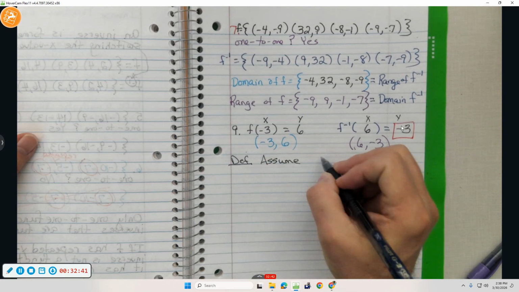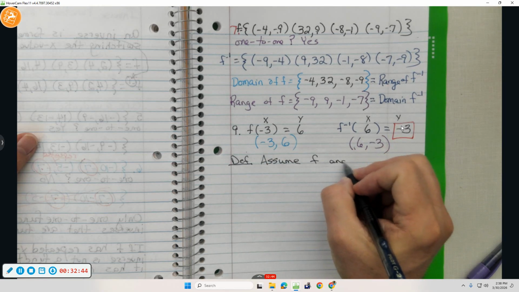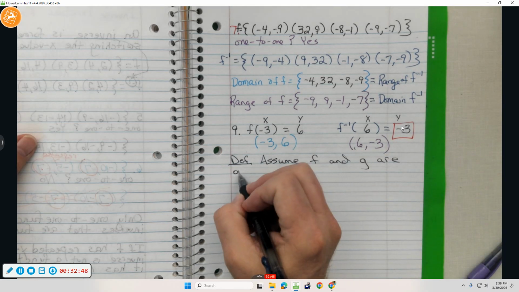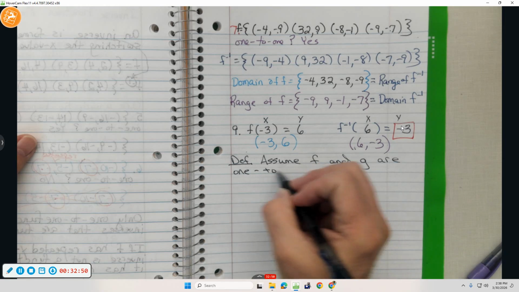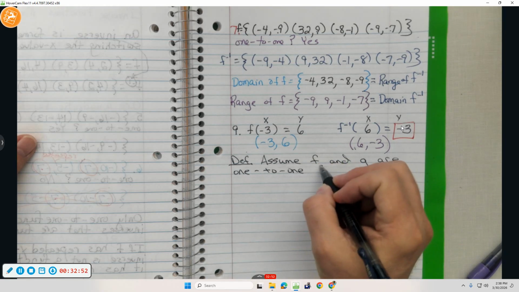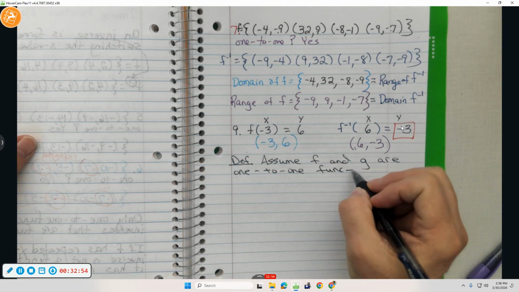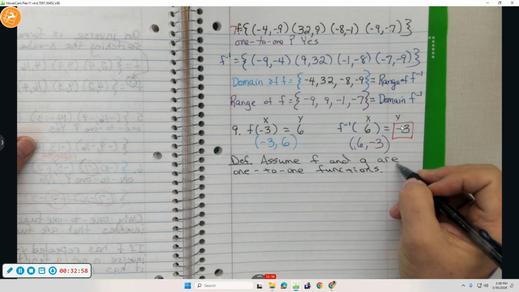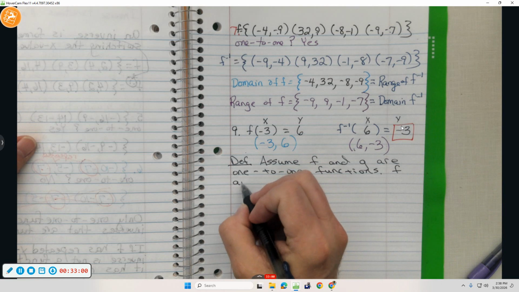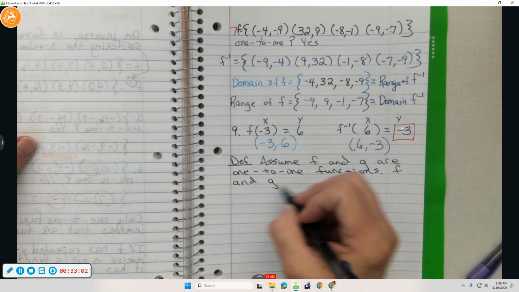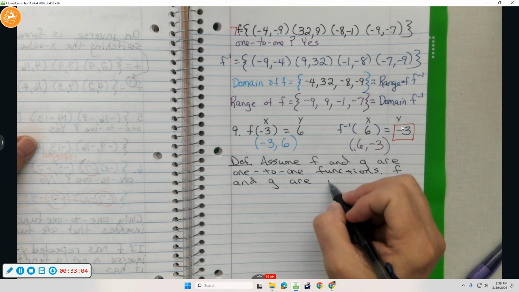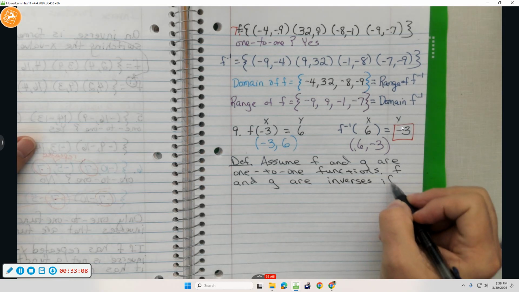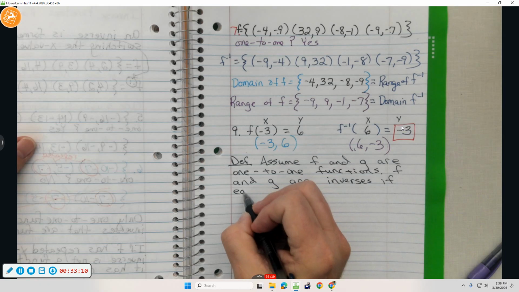Assume f and g are one-to-one functions. f and g are inverses if each of the following is true.